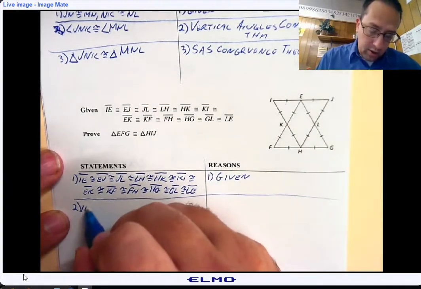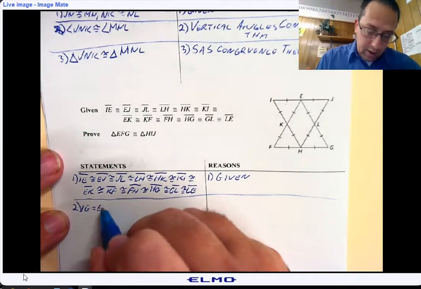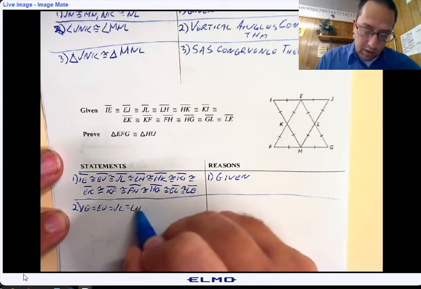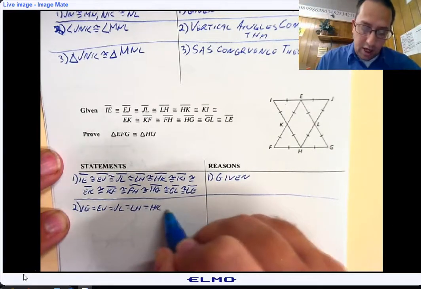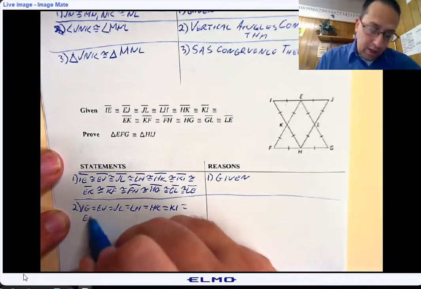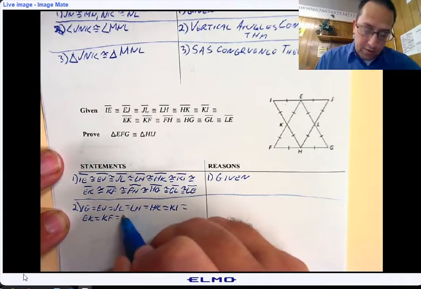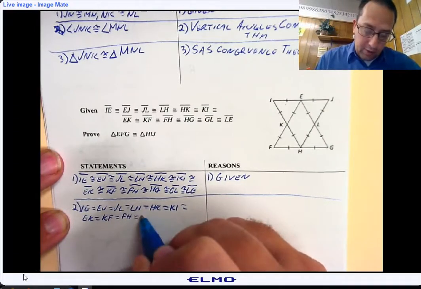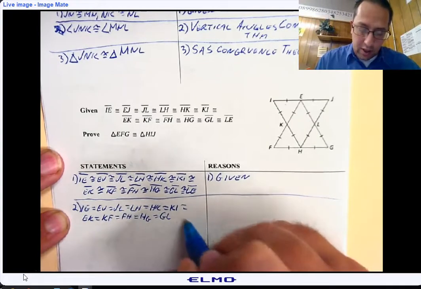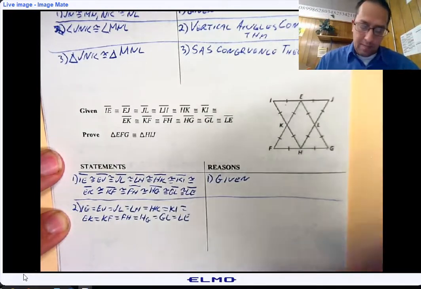So the length of IE equals the length of EJ, which equals the length of JL, which equals the length of LH, which equals the length of HK, which equals the length of KI, which equals the length of EK, which equals the length of KF, which equals the length of FH, which equals the length of HG, which equals the length of GL, which equals the length of LE.